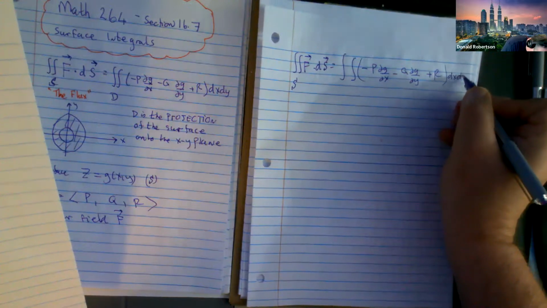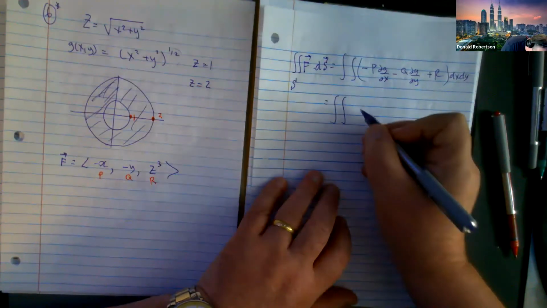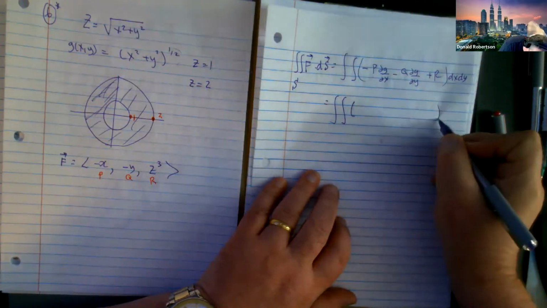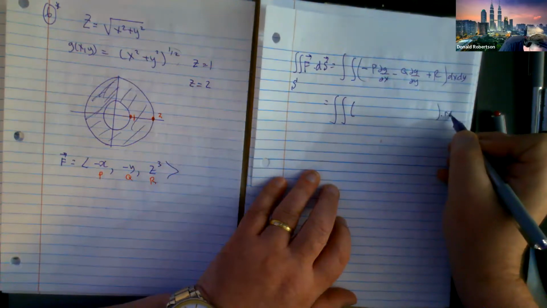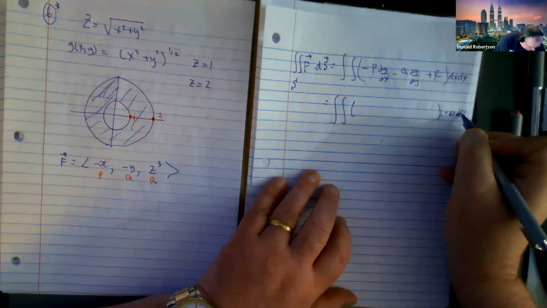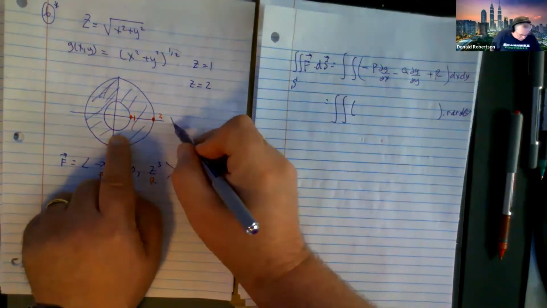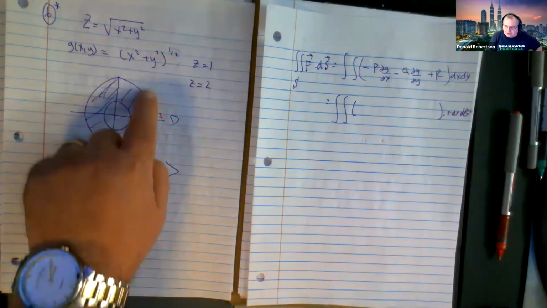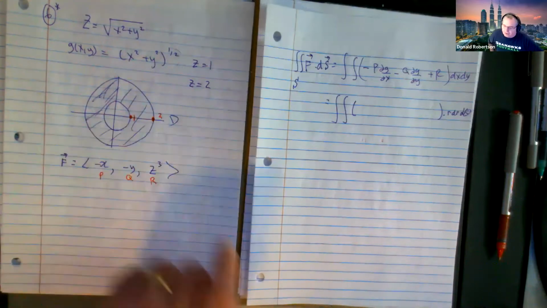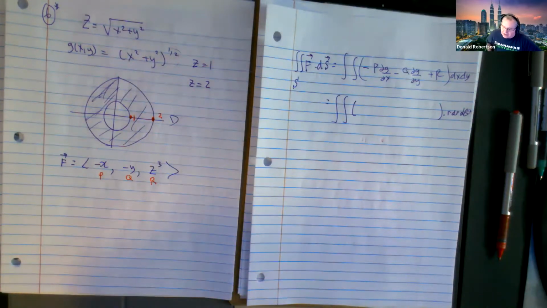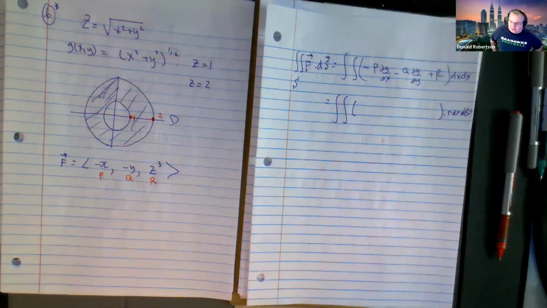Now, looking at my region D, would you agree that it lends itself to polar coordinates? Would you agree if I tried to do x from here to here and y from here to here, it would not be a pretty sight.